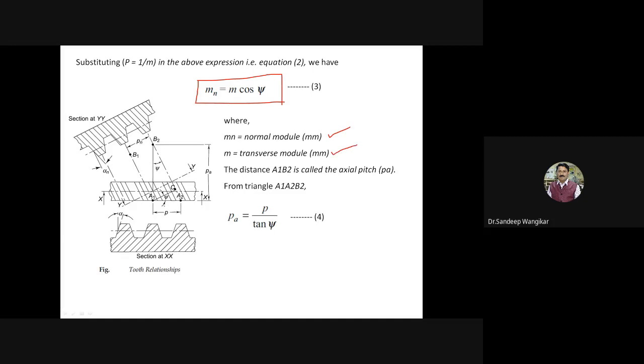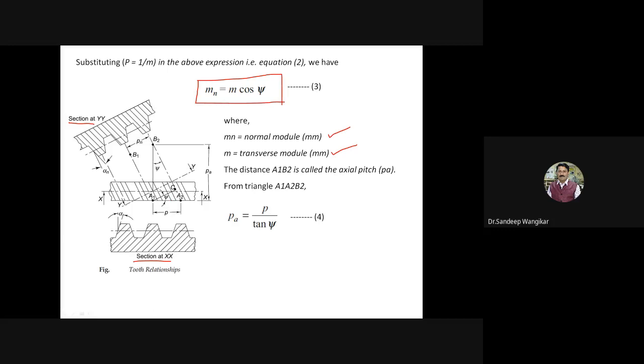So here we are converting everything into normal because we have considered the section at transverse and this section at normal. So why are we doing all these things? Very simple reason I want to give you. We have all the formulas for spur gear, force analysis, beam strength, everything. So all spur gears we have to imagine into helical gear. If you see from the transverse side, you cannot imagine because the teeth are cut at an angle.